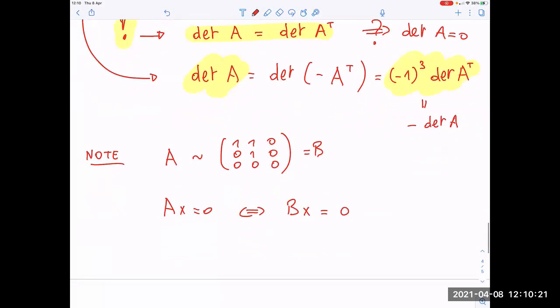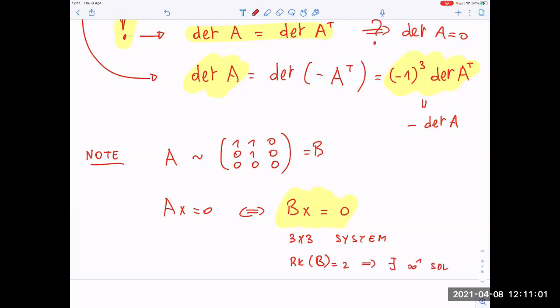Now, using the Rouché-Capelli theorem, what can you tell me about these systems of equations? How many solutions do you see? It is a 3x3 system. And what is the rank of B? We said it is 2. And so there exist exactly infinity to the 1 solutions.